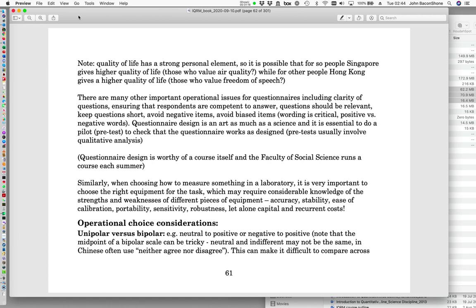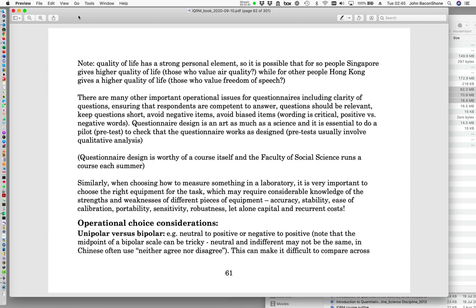So maybe they like freedom of speech in Hong Kong, maybe they like the housing in Singapore, right? Or maybe they like the food in one place or the other, depending on whether they like spicy food or not. So clearly, how you rate the quality of life in a place will depend very much on which characteristics are important to you.